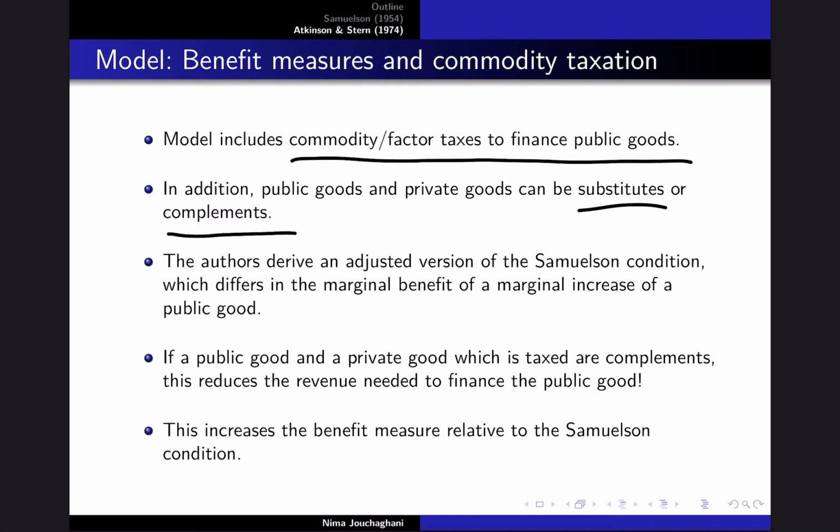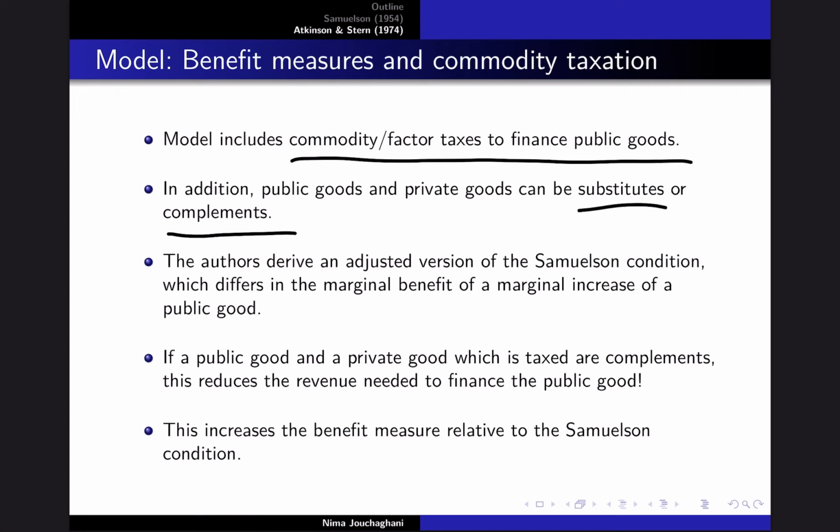Then in the base model of the paper, the public goods and private goods can either be substitutes or complements. Let me think of an example. Consider a public good to be a highway and a private good to be cars.